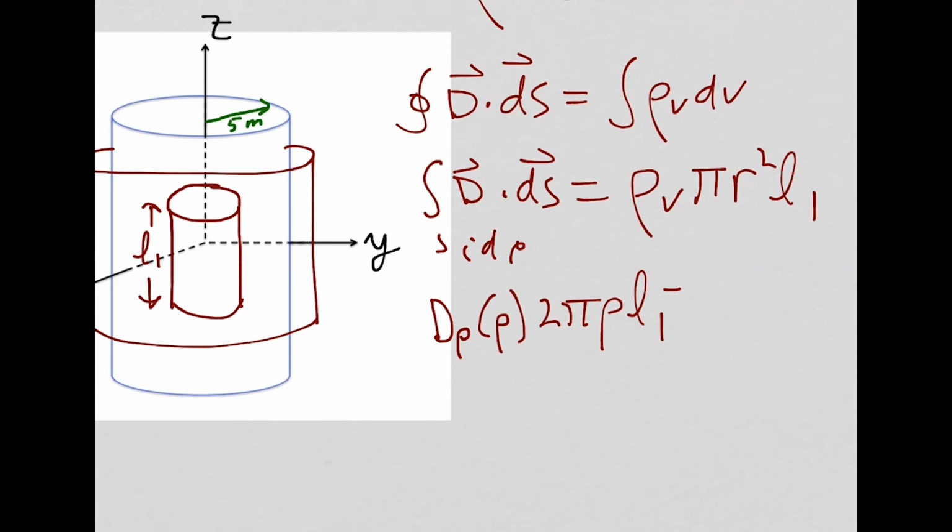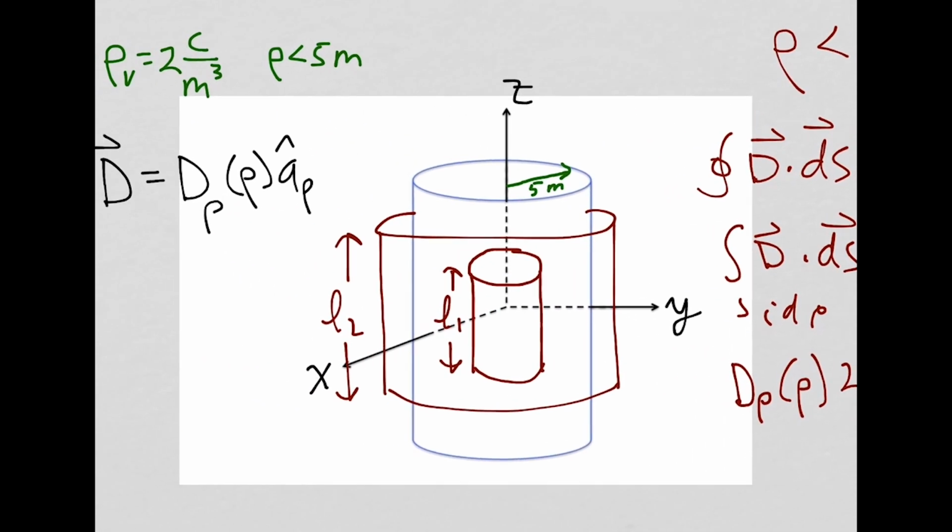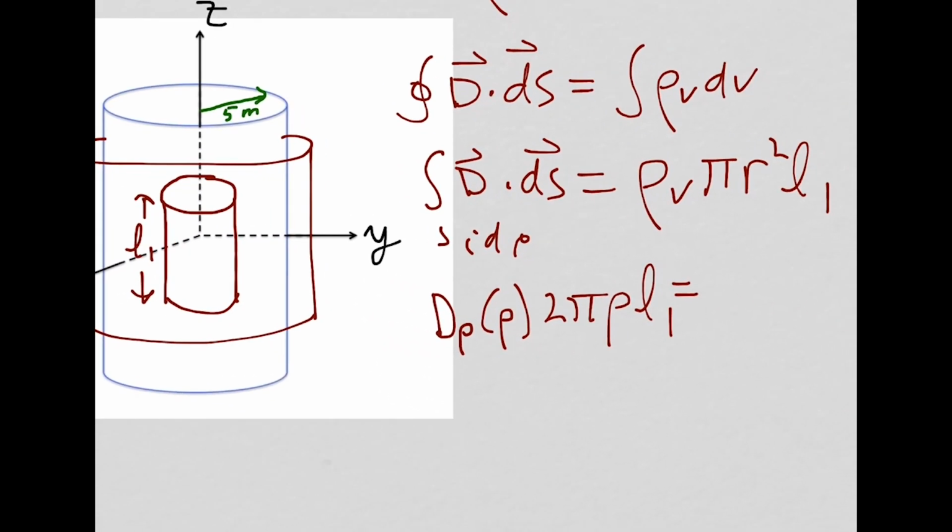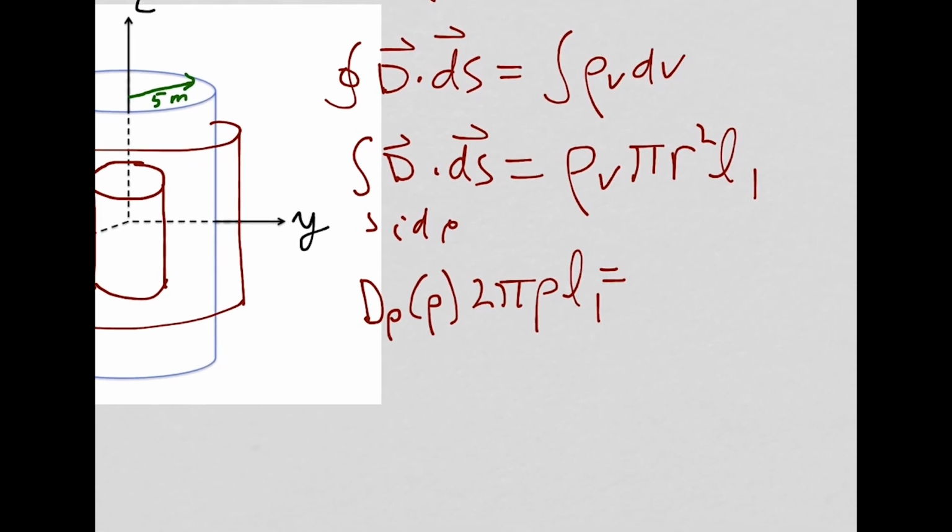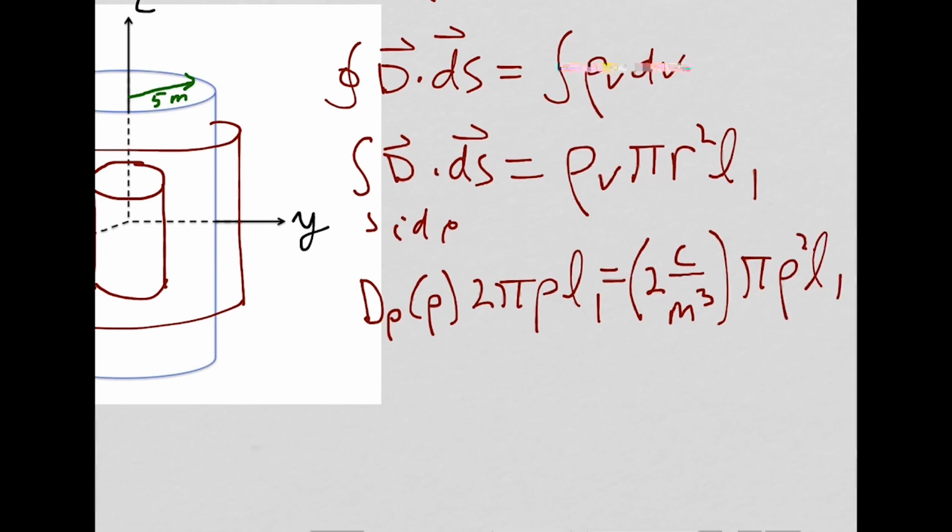And rho sub v is 2 coulombs per meter cubed, times pi rho squared L sub 1. So this r is really rho, the radius of our cylinder.